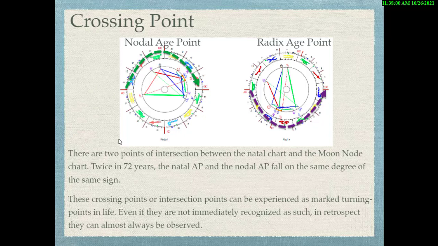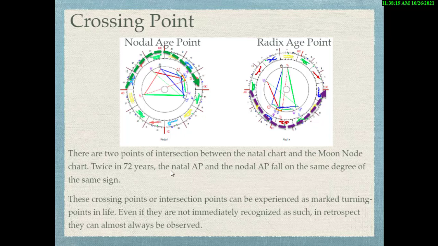They intersect, and they'll show up as big moments for individuals, where you essentially have the forces of the shadow meeting with the realities of the natal chart. And they're turning points in life.